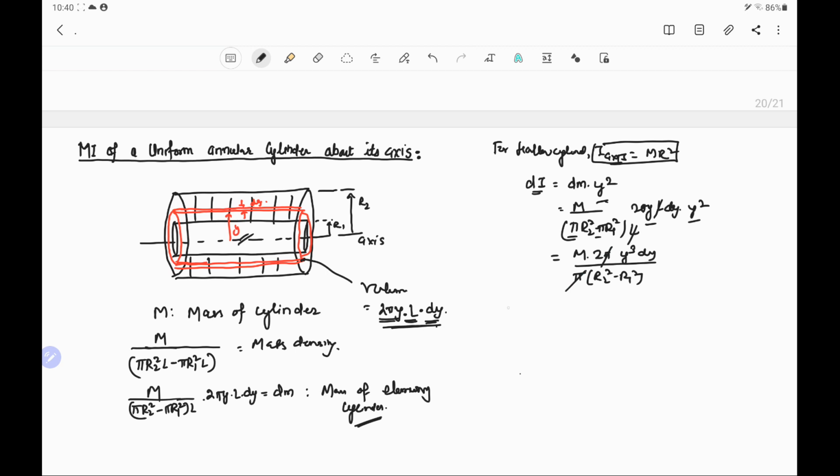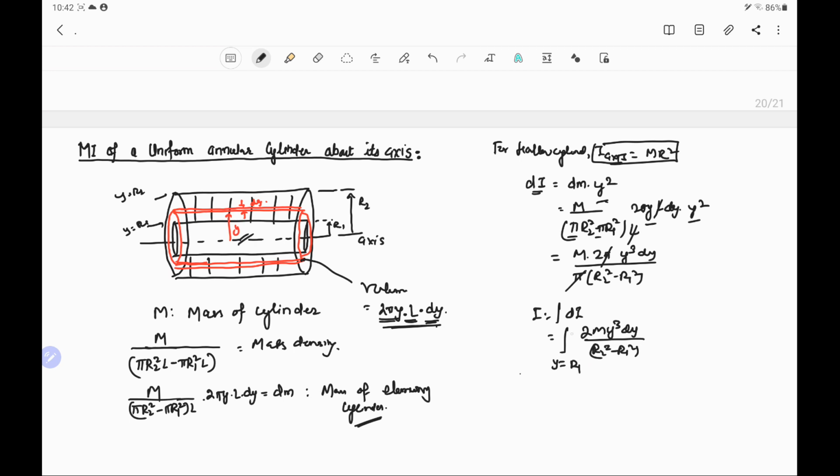So this is dI. So I will be the integral of dI, and it is 2M y cube dy by R2 square minus R1 square. y is variable, therefore the limit will be from y equal to R1 to y equal to R2, because mass is distributed in this limit.